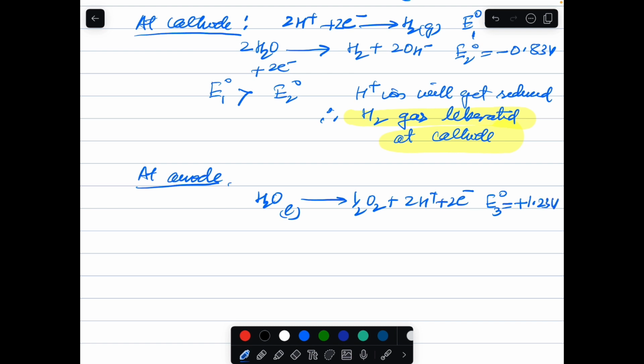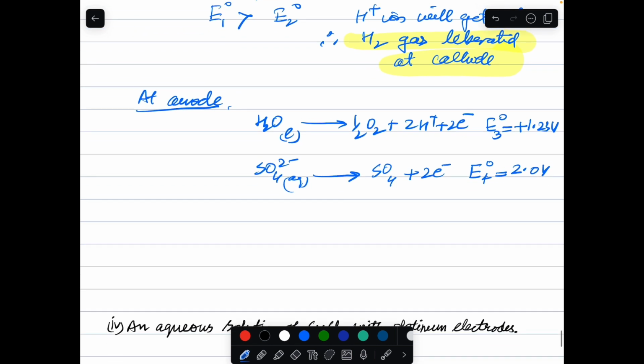And another reaction we have, because sulfate ions are also there in the medium, they are negatively charged ions, so these ions will undergo oxidation by the loss of 2 electron. For this your E naught value is approximately 2.0 volt.